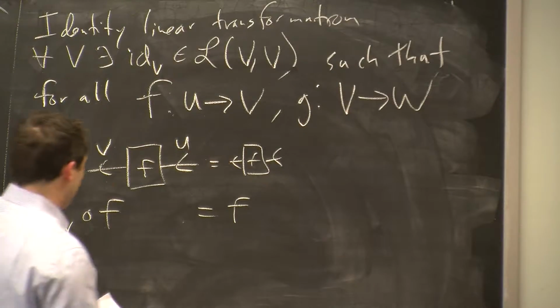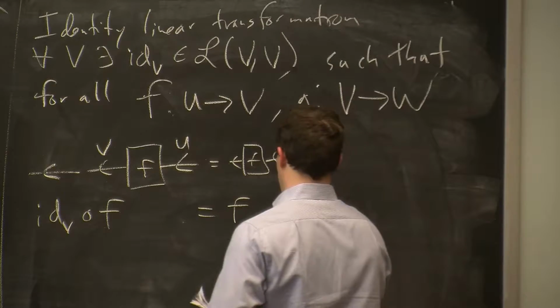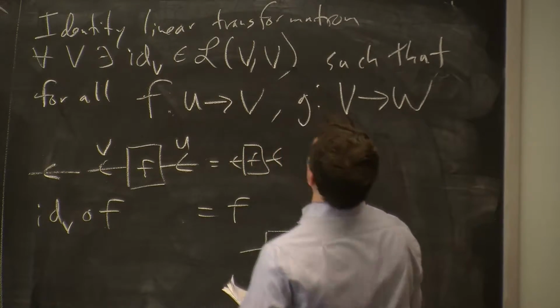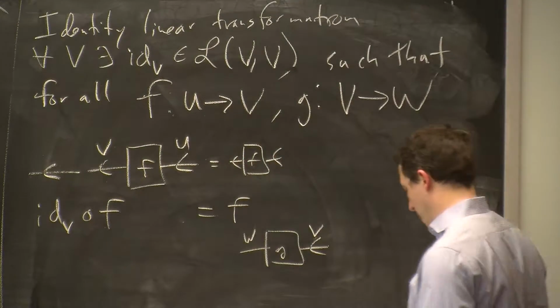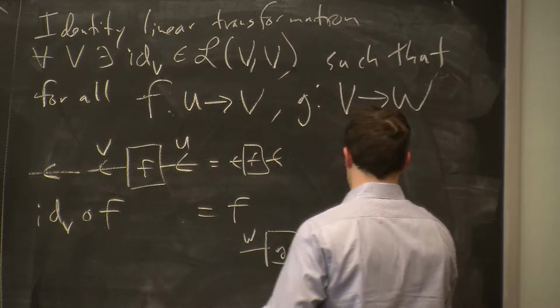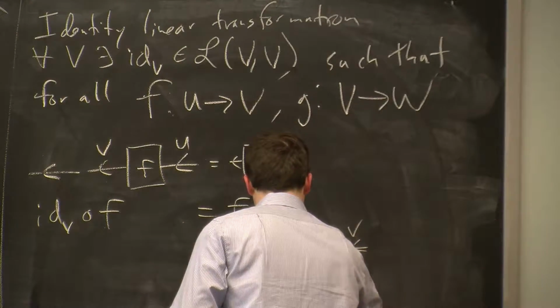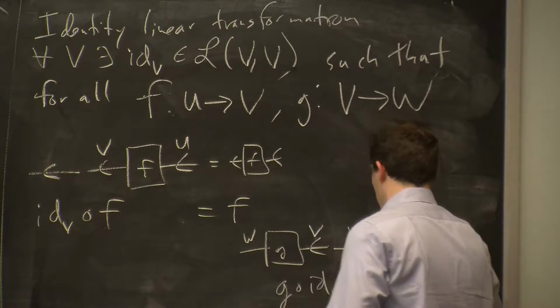And on the other side, my g goes from V to W. So I put the identity for V over here, and this would say g times the identity for V is equal to g.